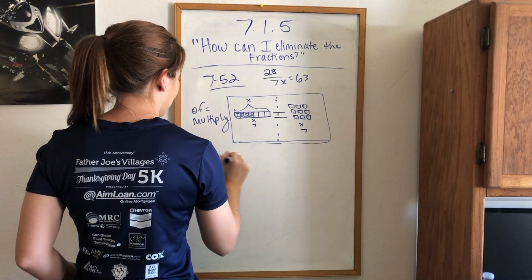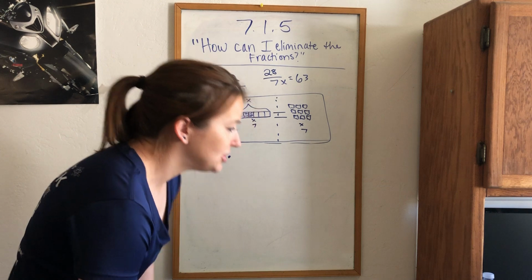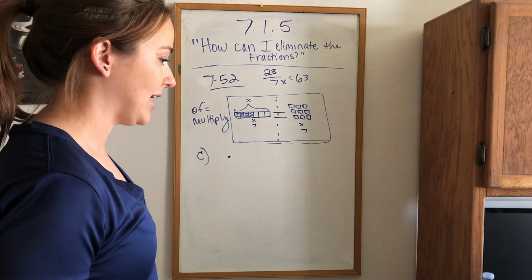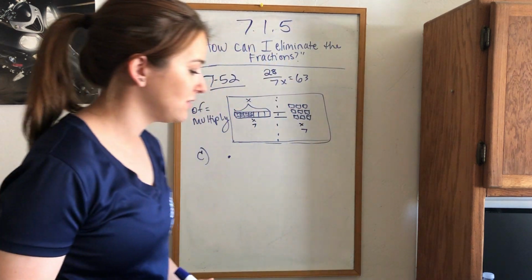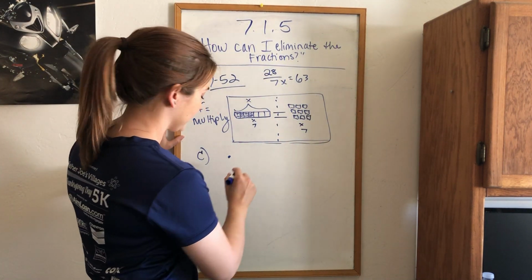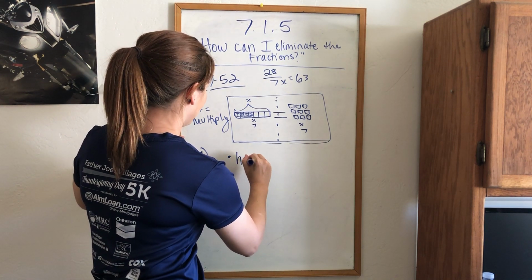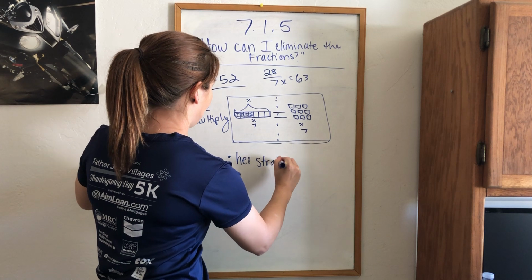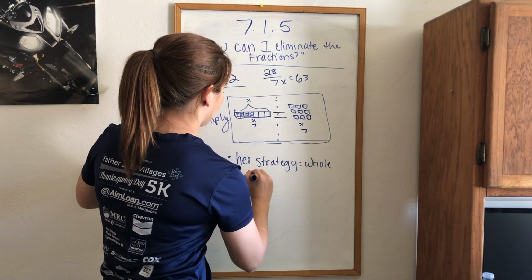Okay, this is C, and this is the first bullet point. What made her strategy different than what you did in the last lesson? So her strategy focuses on whole x tiles. So I'm just going to put her strategy equals whole x tiles.